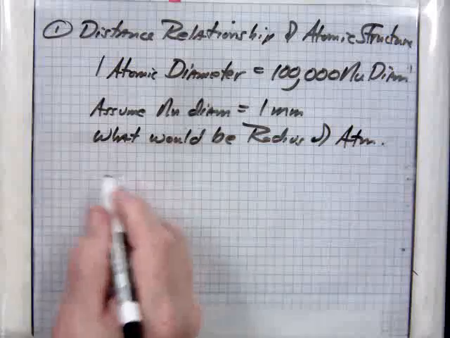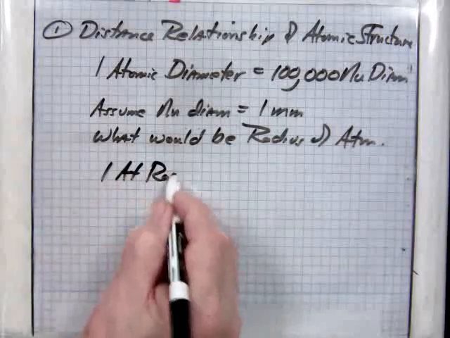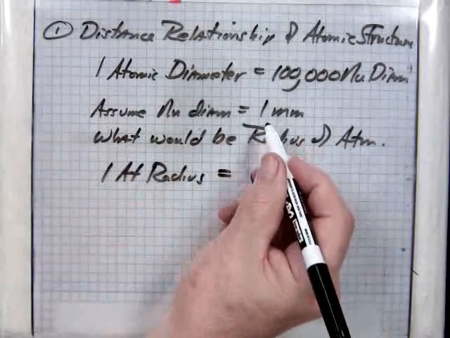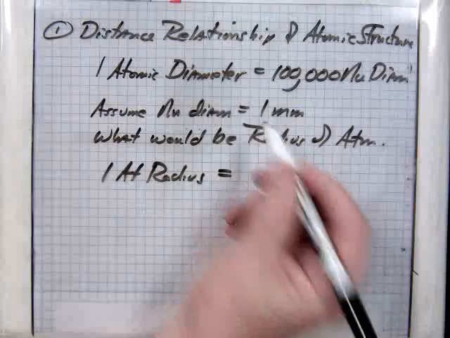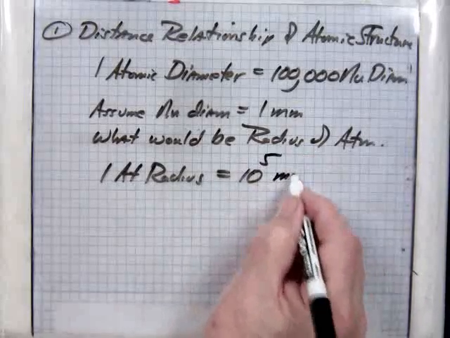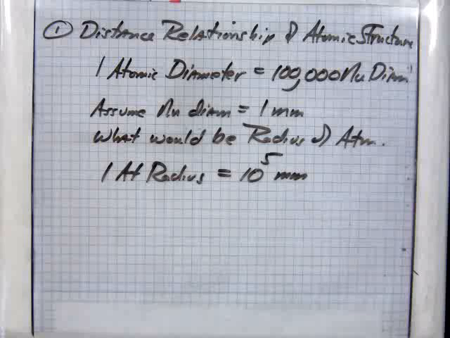So, one atomic diameter would then be 100,000 times the nuclear diameter, which is 1 times 10 to the 5th millimeters. That's your entire diameter. Okay, now that's kind of hard to visualize, so let's convert it to yards, something that's a little easier, feet, that's a little easier to understand.